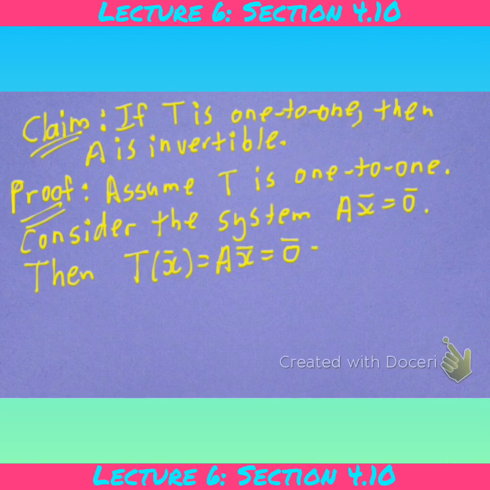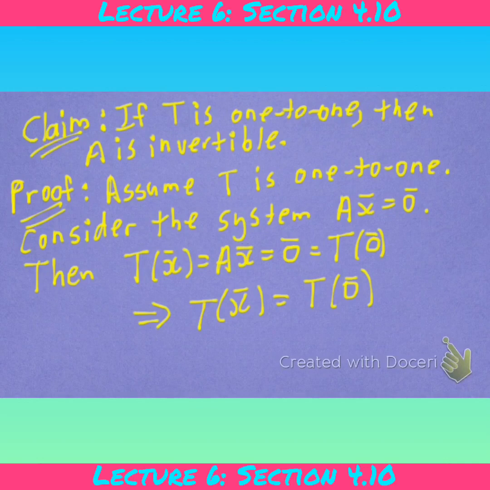But we know the 0 vector is also T at the point 0, because T at the point 0 is just the matrix A multiplied with 0, which is the 0 vector. So it follows that T x bar is equal to T at the point 0, which is 0 bar.